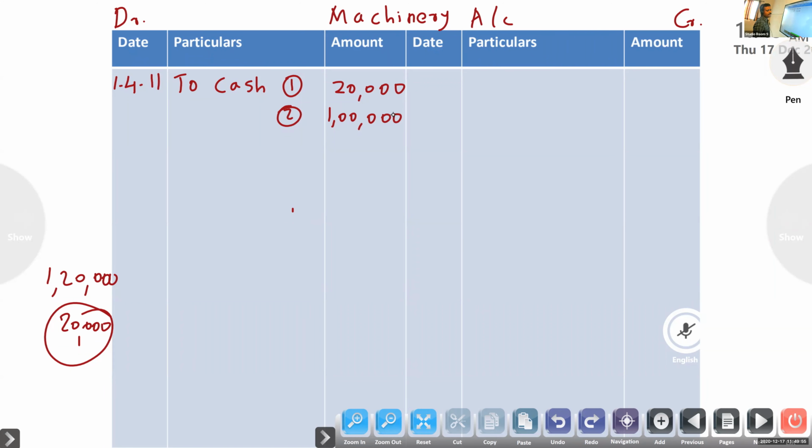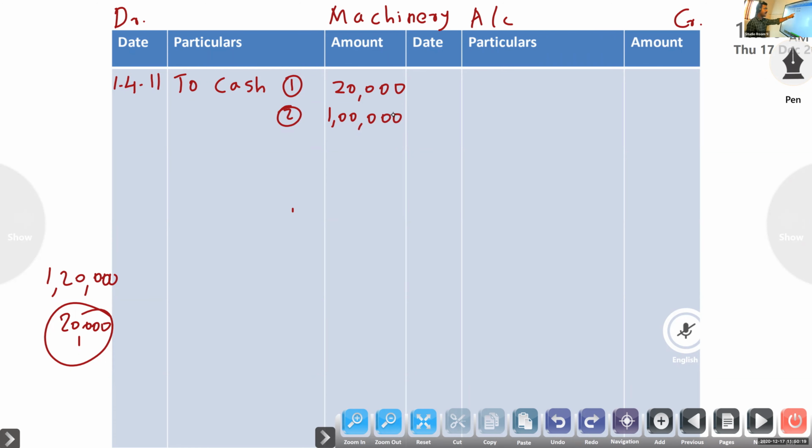Any doubt? Here it is given 1st October 2013, we sold the first one, but the original cost is 20,000. At the time of sale, we have to calculate profit or loss.